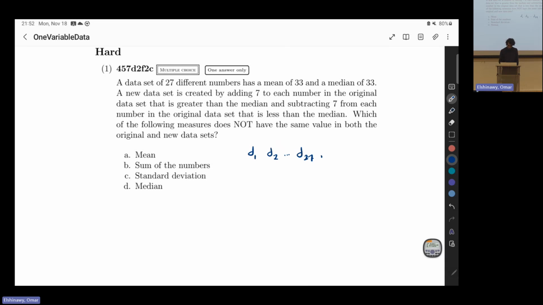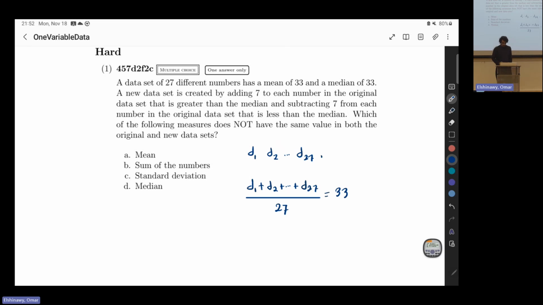Now the mean of these numbers is the sum of the numbers divided by their count, which is precisely 27, is 33.